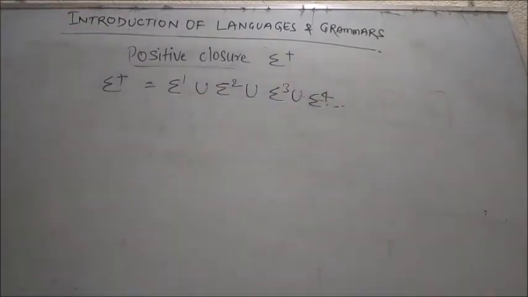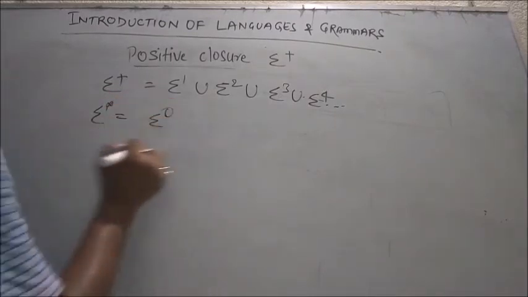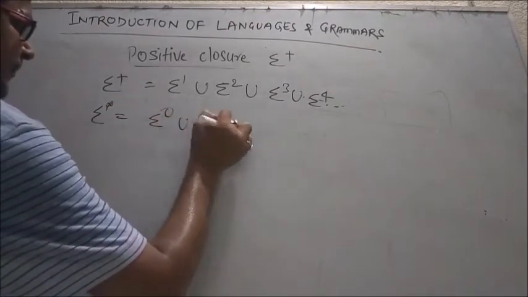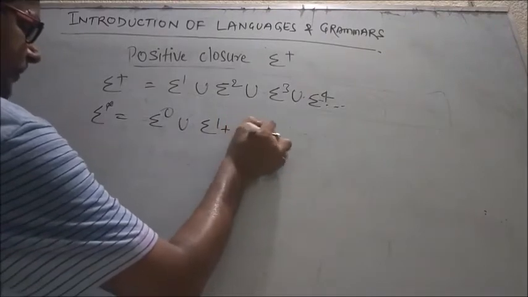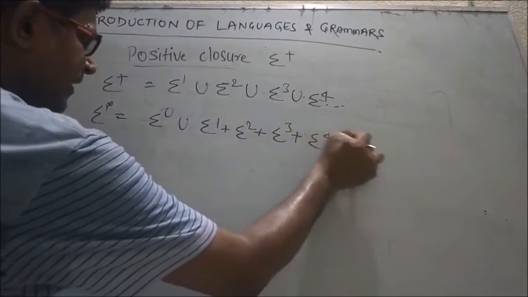If we want to establish a relation between Kleene closure and positive closure, then sigma star is equal to sigma 0 union sigma 1, sigma 2, sigma cube, sigma 4, and so on.